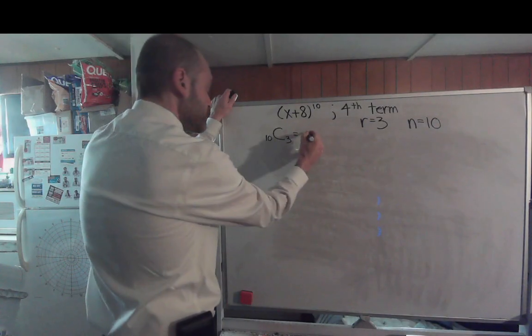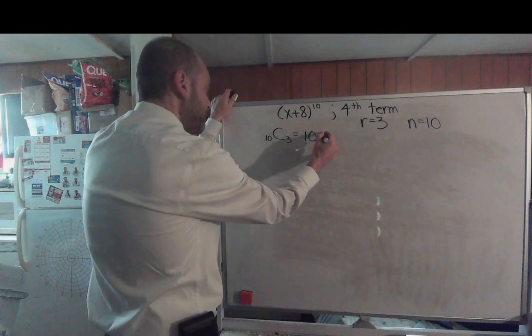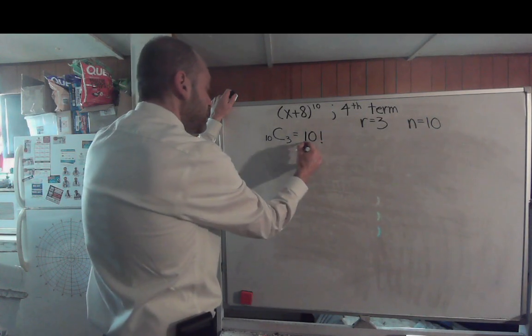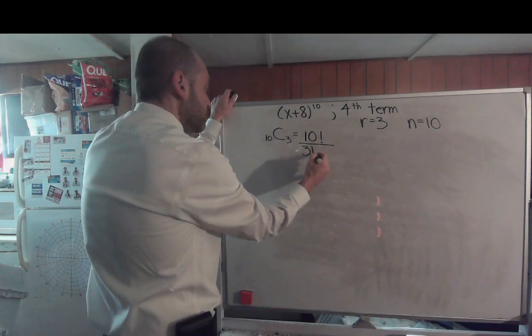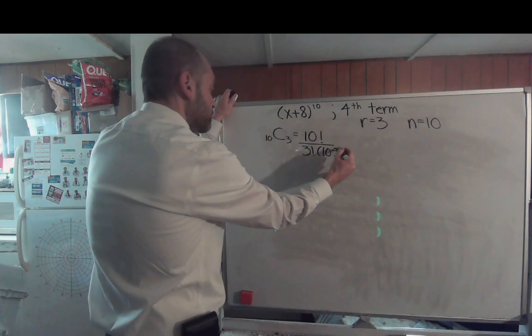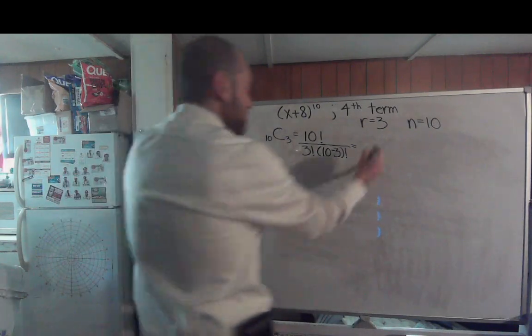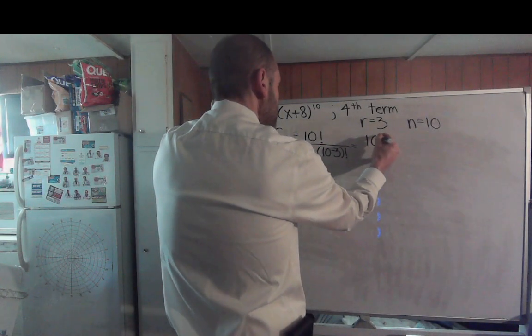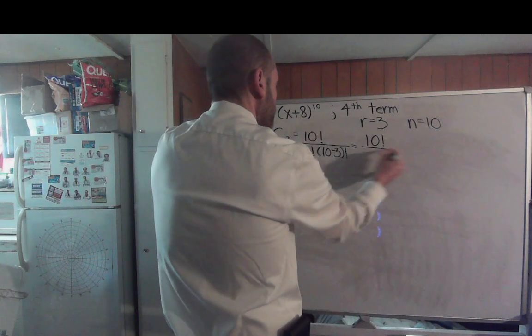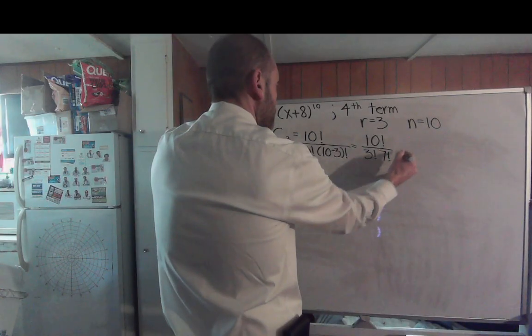Well, that of course is going to equal 10 factorial all over 3 factorial times 10 minus 3 factorial. Well, let's simplify this then. You'll have 10 factorial all over 3 factorial times 7 factorial.